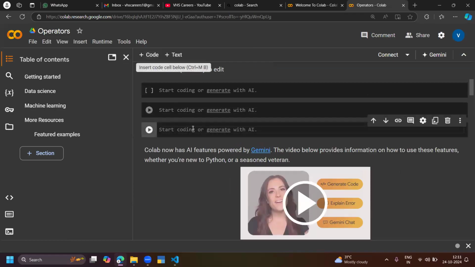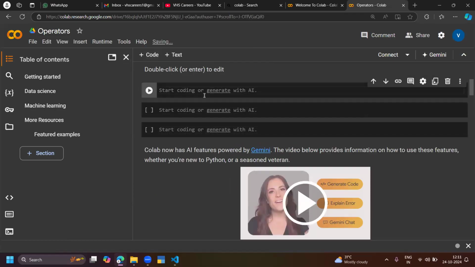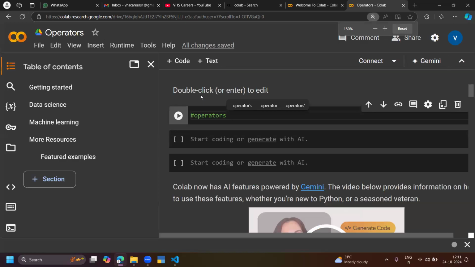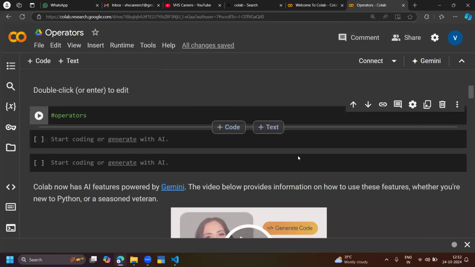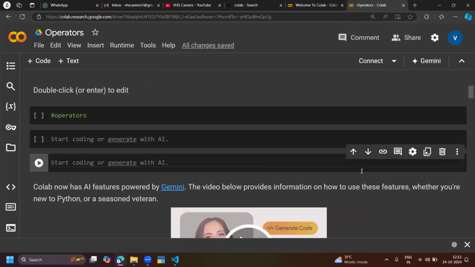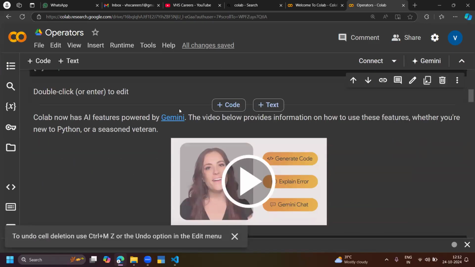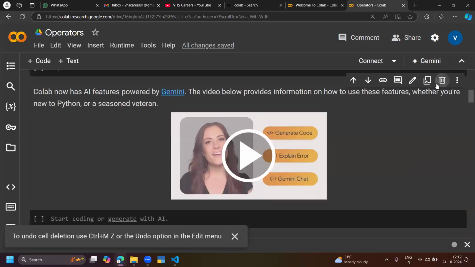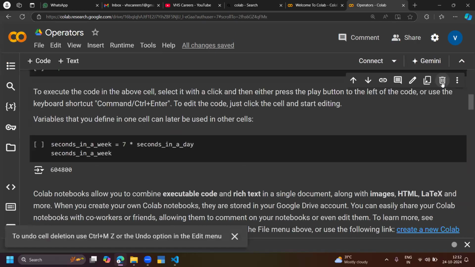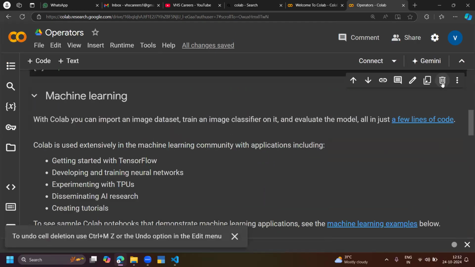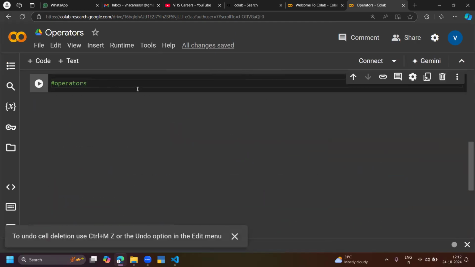For the operators, I am taking the code now. So let me take the operators here. Can everybody see my screen? My screen is visible, everyone. Operators. Okay. So try to execute it.